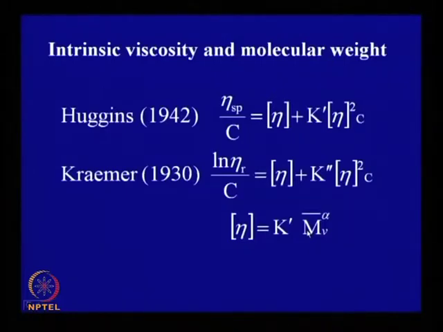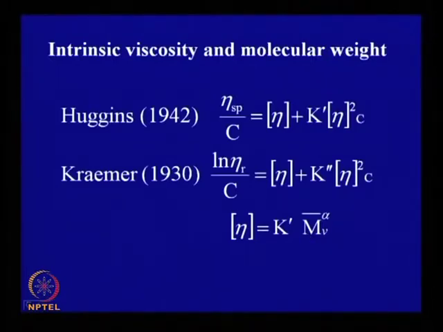Now, this is the easiest way to get some molecular weight value of a polymer, provided you get these k prime and alpha values from the data book, because these k prime and alpha values have been evaluated or obtained from some absolute measurement by some other technique using samples of known molecular weight.